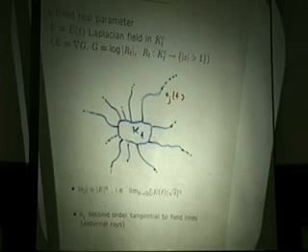So if eta is infinity, then just one arm, the arm with the largest concentration, is growing. If eta is 0, then they all grow simultaneously at the same speed.